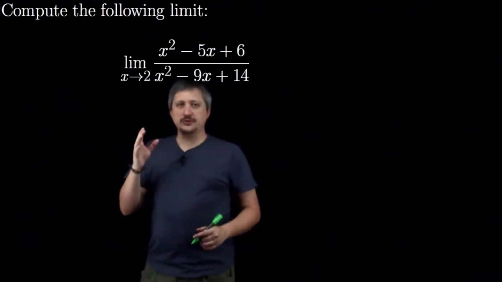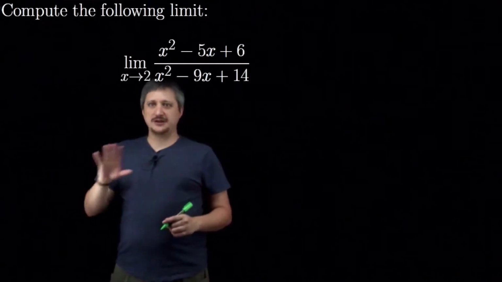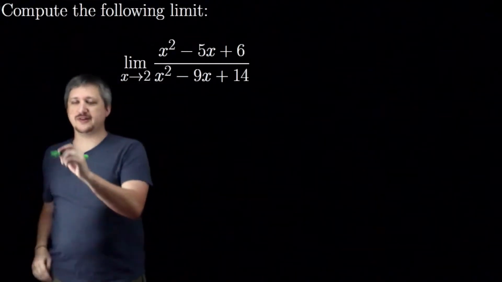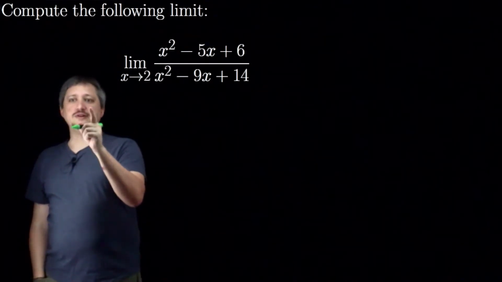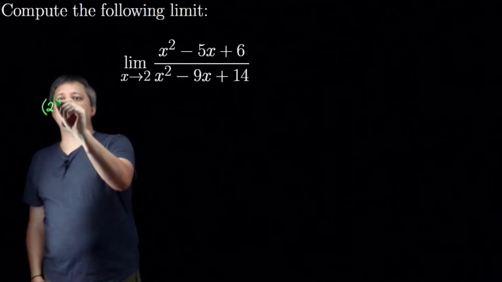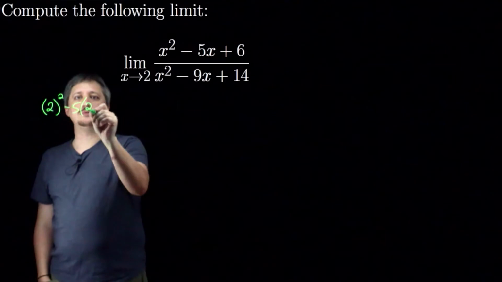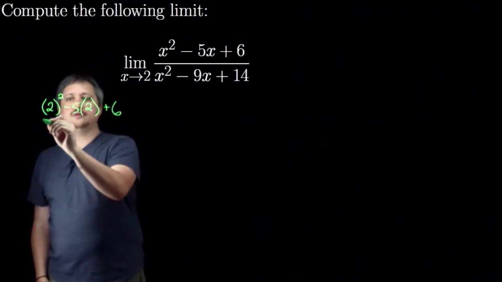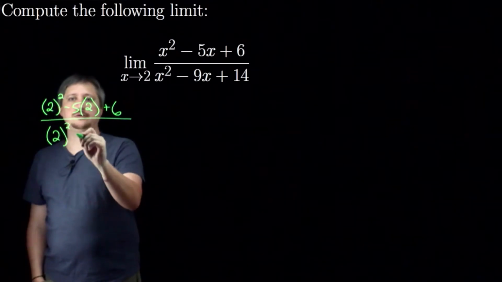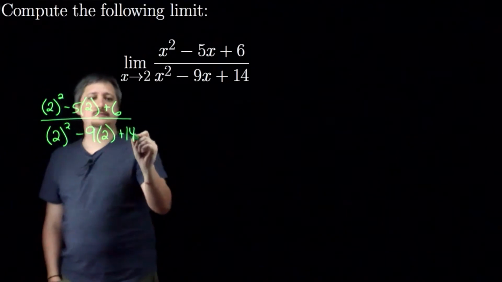Okay. So the first thing I'm going to do is take this expression. I'm not going to claim the limit equals it. I'm just going to rewrite the expression. Note, I'm not going to have an equal sign here. But what I'm going to do is plug in that x equals 2 part. So I'm going to have 2 squared minus 5 times 2 plus 6 all over 2 squared minus 9 times 2 plus 14.